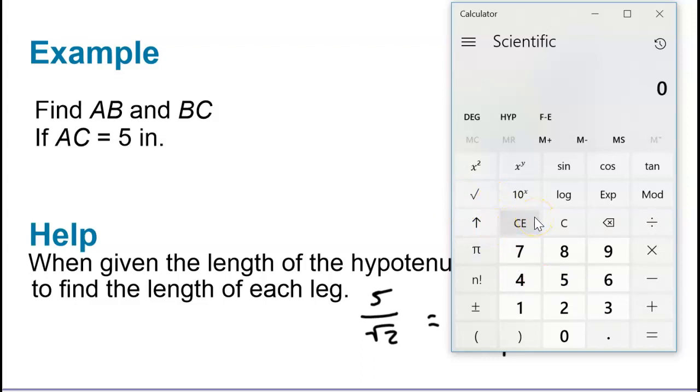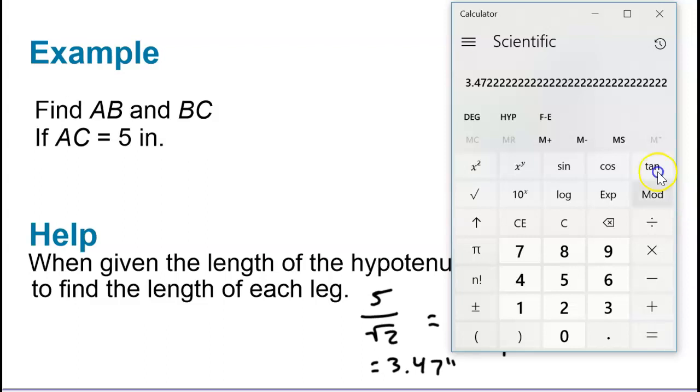And so to solve this problem, we want to go 5 divided by 1.414, and that equals 3.54, and that was given in inches.